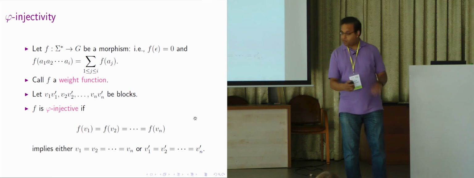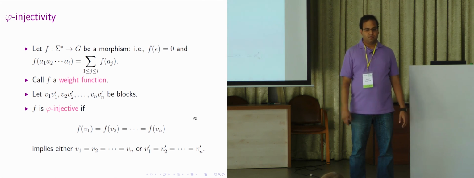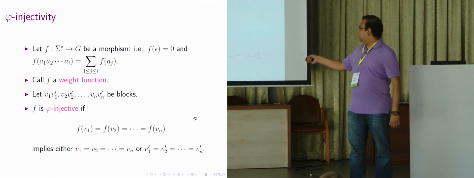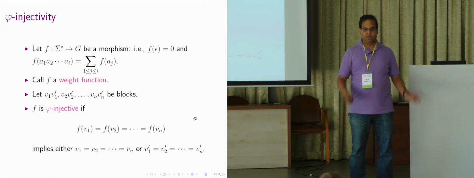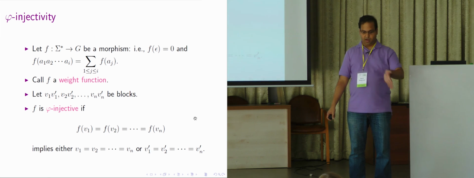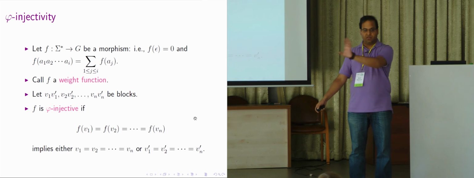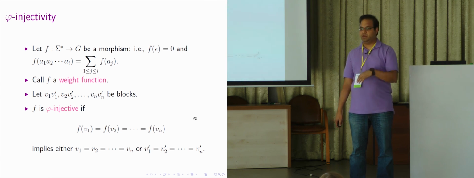Whenever the f of these prefixes are all the same, then either the prefixes are all the same or the corresponding suffixes are all the same. So I have some collection of blocks, I cut them into prefix and suffix. If the weights of all those prefixes are the same, then either the prefixes are all the same or the suffixes are all the same.